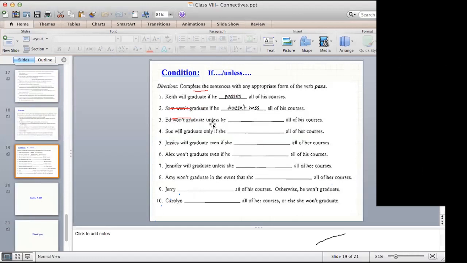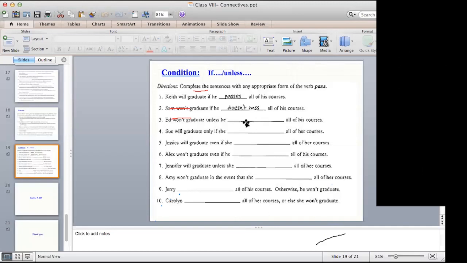But because we have won't here and we don't have if, we have unless, we need to use the affirmative one. If we have if, we use the negative. For example, Sam won't graduate if he doesn't pass all of his courses.